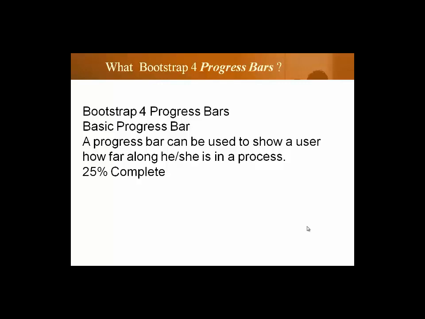You can see that if you are downloading, it shows you a progress bar: 1%, 2%, 3%. It progresses step by step. You can also use this on your website.